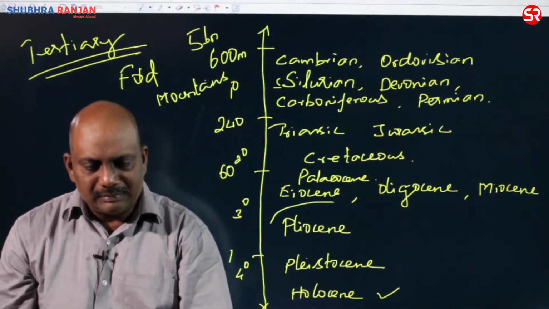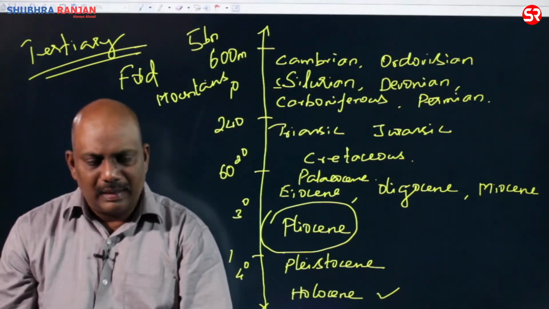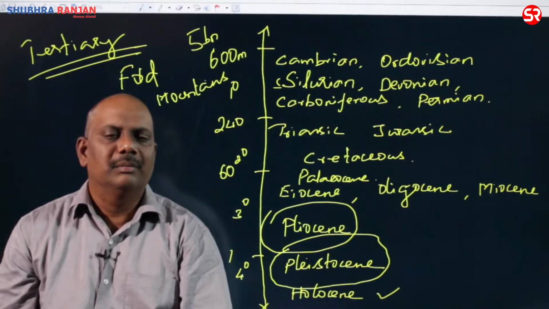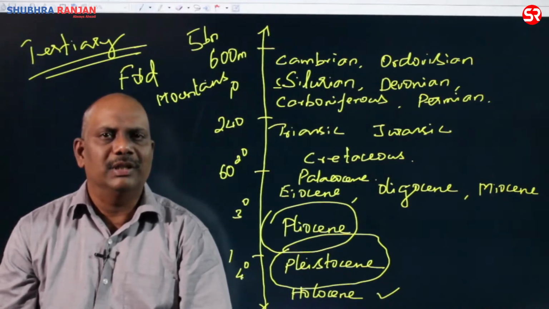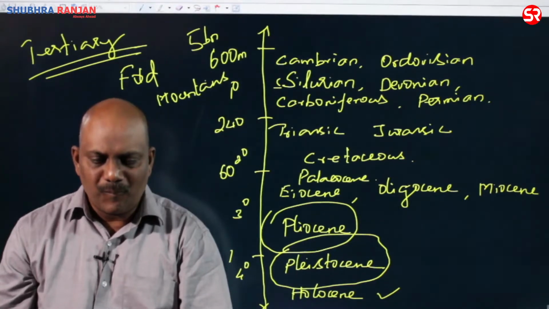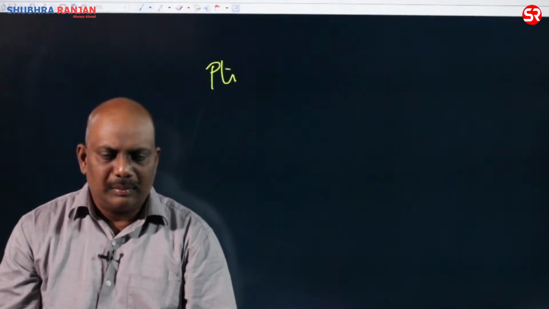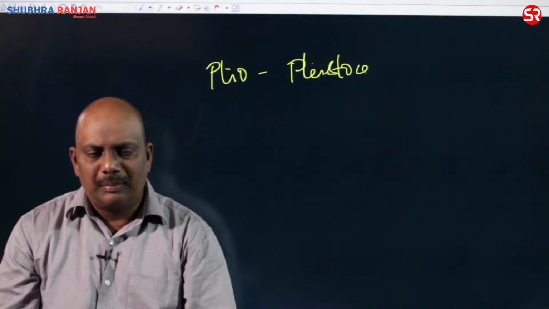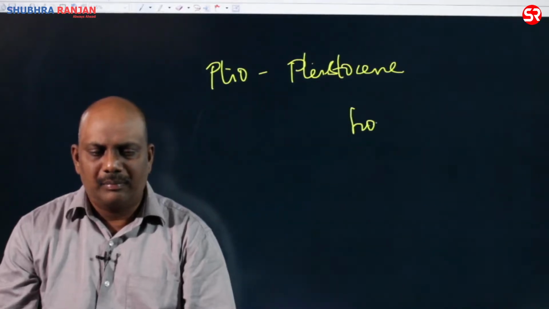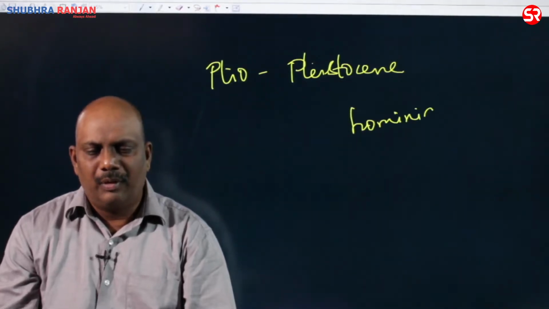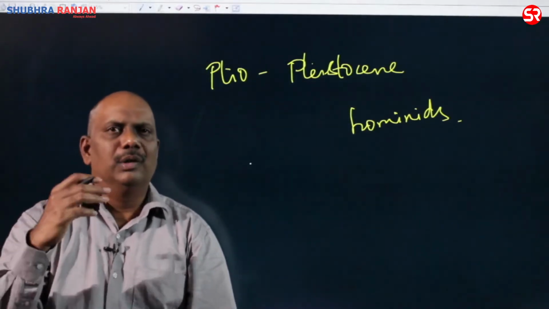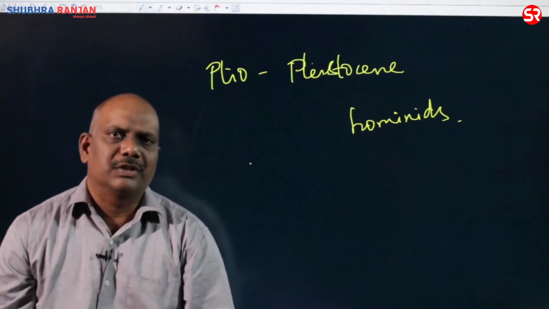And similarly, can you see here, Pliocene and then Pleistocene. By Pliocene and Pleistocene hominids, we refer to human ancestors.